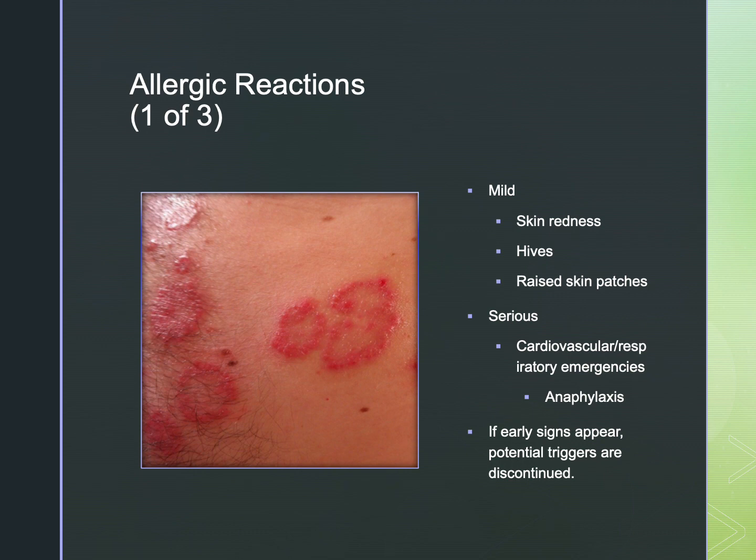Signs of mild allergic reaction include skin redness, hives, and raised red patches. Now, signs of a severe allergic reaction include serious cardiovascular and respiratory problems, which indicates anaphylaxis. If early signs of an allergic reaction are identified, it's going to be a best practice to discontinue the medications that could be triggering the reaction.